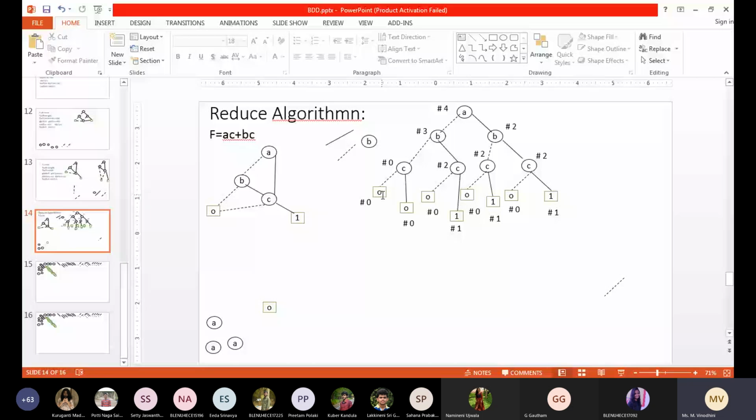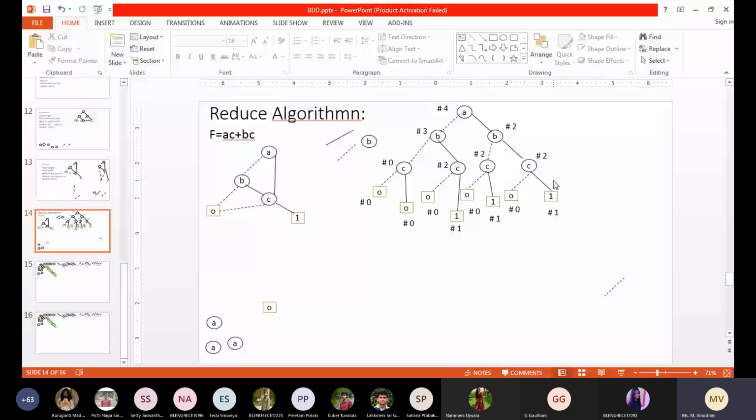If I'm getting the same values, same numbers, it is like a redundant node. So here C is redundant, B is redundant. So you can remove it. And if I look at this 3C, it is 201, 201, 201, same pattern. So I can draw it only once. Maybe tomorrow we will try to solve another 2-3 problems on the reduce algorithm.